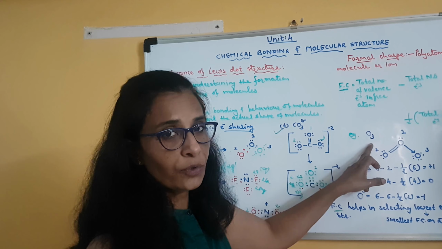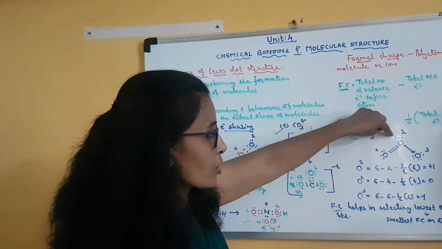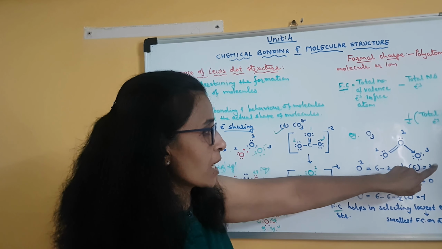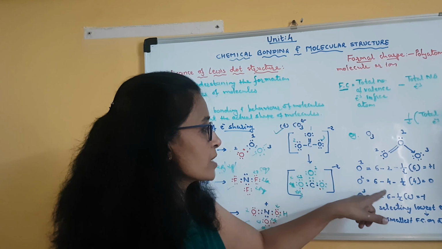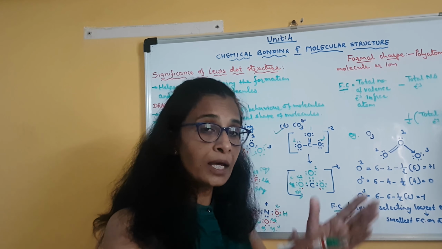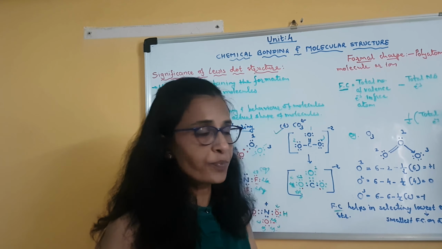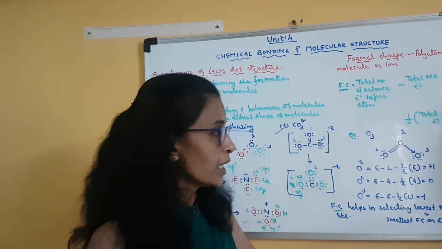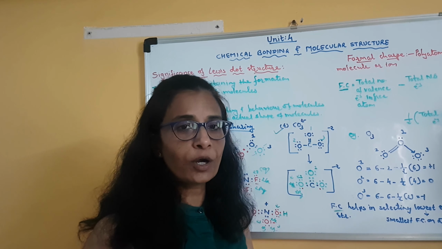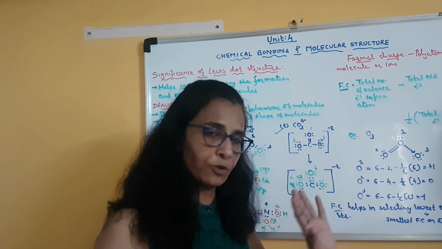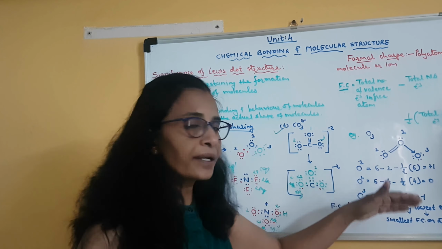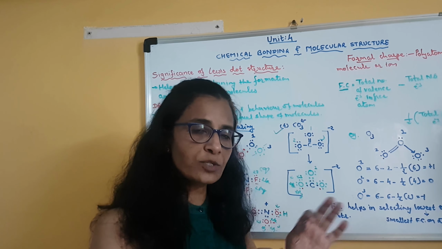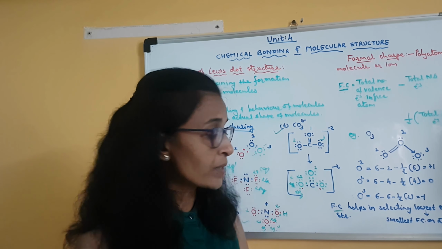Here in ozone you can see first oxygen atom is having plus 1 charge, second is having 0, third is having minus 1. So this is the smallest possible charge present on each atom. So this is the lowest energy structure. If you change the position of the double bond, then also you will get the same values. Clear? It will interchange, but only these values plus 1, 0 and minus 1 you will get.